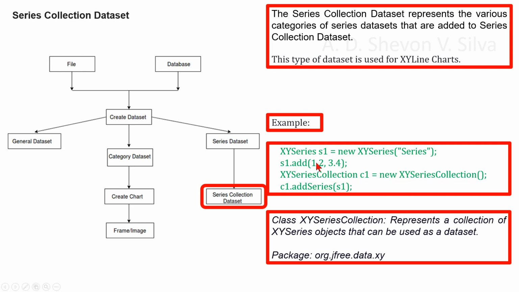Here the add series method adds a series to the collection and sends a dataset change event to all registered listeners. Here the parameter is the series; null is not permitted.